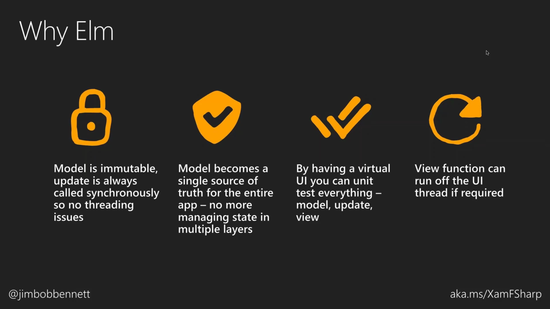All right, and then another question is, what's the memory usage impact of creating a new model for every update? If you're allocating all these different objects every time, nothing's mutable. Does this use more memory than a typical MVVM Xamarin.Forms app that you'd create in C#? Usually no, because when you're doing view models, you're creating quite a lot of different view models all over the place.